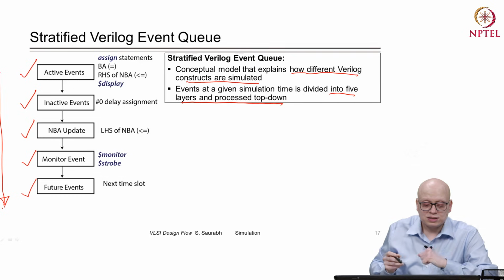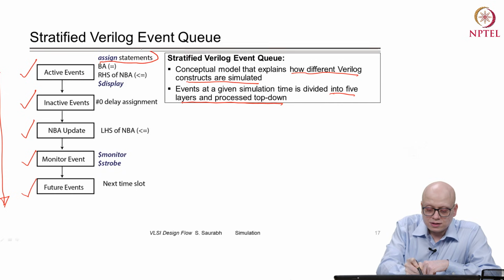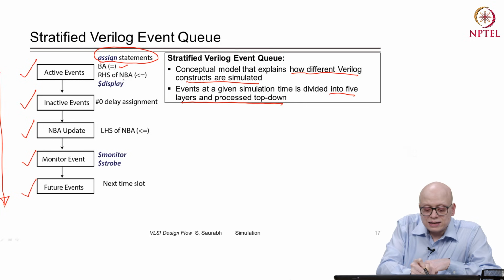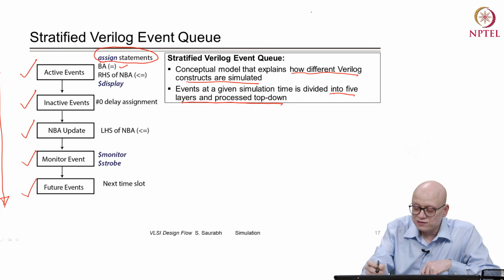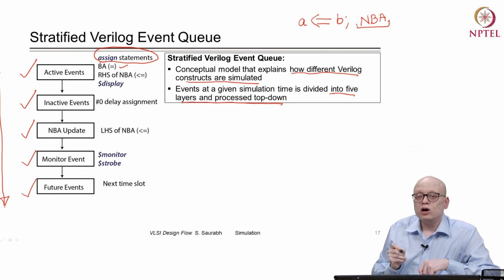Now, what are the types of events in the active events? In the active events we put the continuous assignment, the assign statement, we keep the blocking assignments, and then the RHS of non-blocking assignment. You might remember from the previous lecture we said that if we write something like A <= B, this is a kind of non-blocking assignment, and we had discussed that non-blocking assignments are processed in 2 steps.